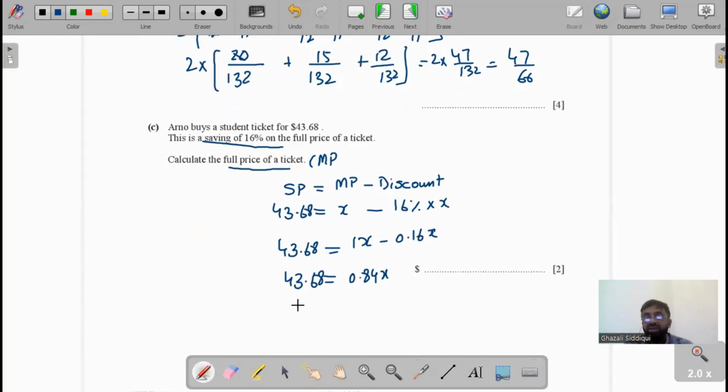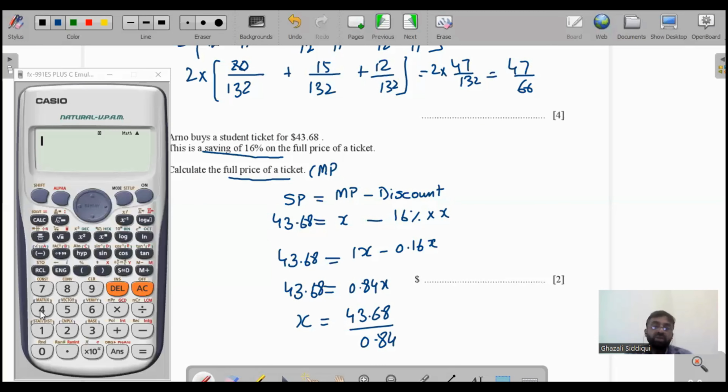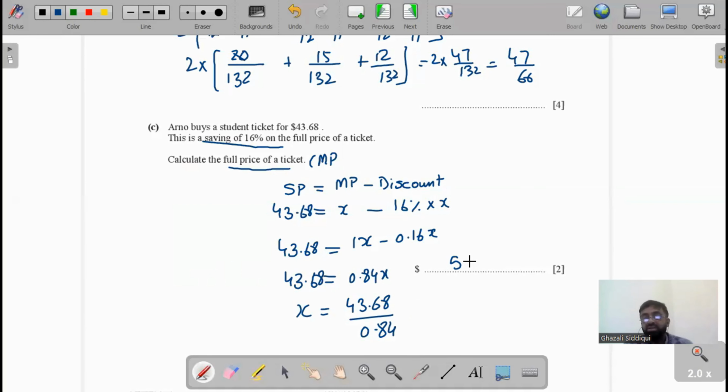Now x can be written as 43.68 divided by 0.84. The answer is $52. This is the full price, the marked price of the ticket.